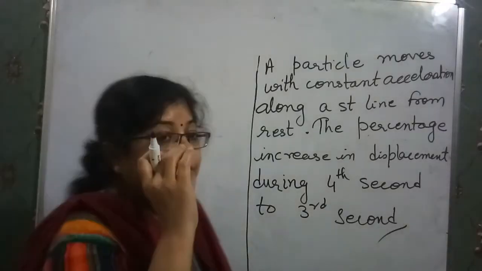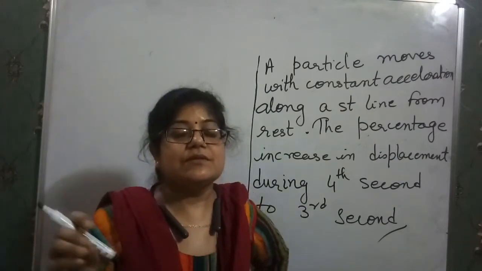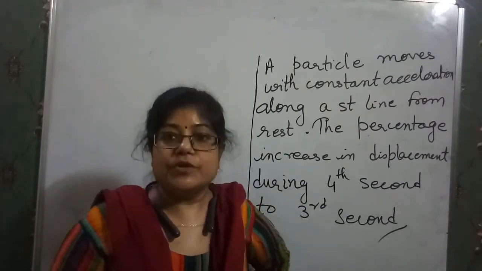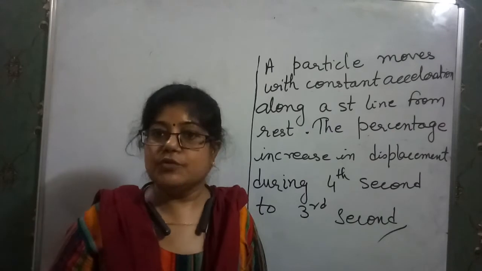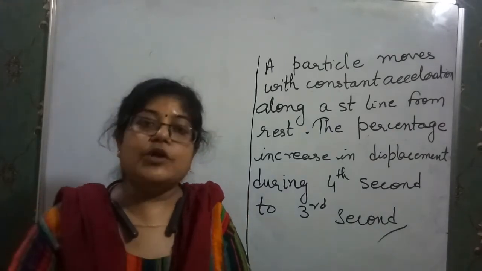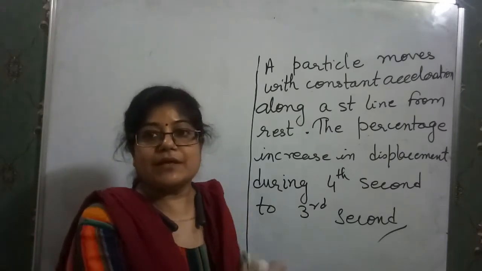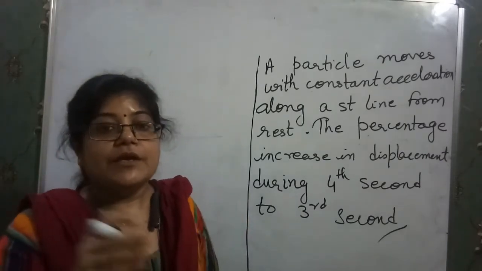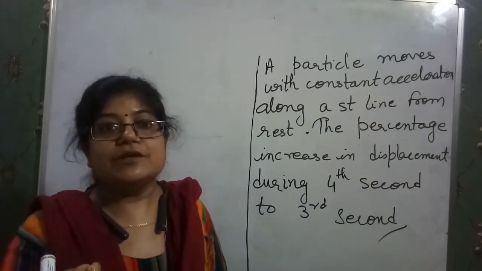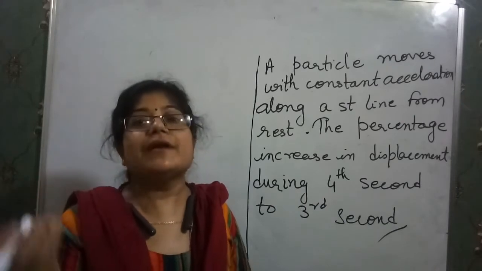Now the next topic in mechanics, in physics, you have Newton's equations. s is equal to ut plus half at square, v is equal to u plus at, v square is equal to u square plus 2as. You all know how to solve these equations, so I am not going to explain those types of numericals in this video. Now there is one equation in which some children have issues.